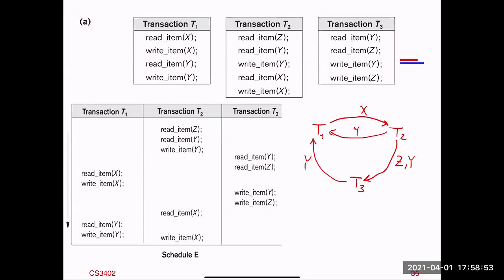So these labels are just for us, right? But for testing whether it's serializable, you just need to check for cycles. That's right. So we don't care about the variables.